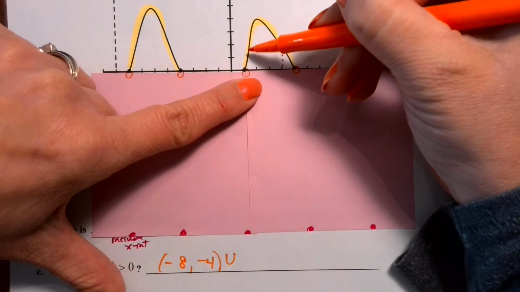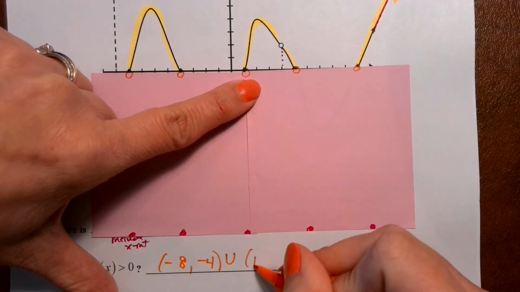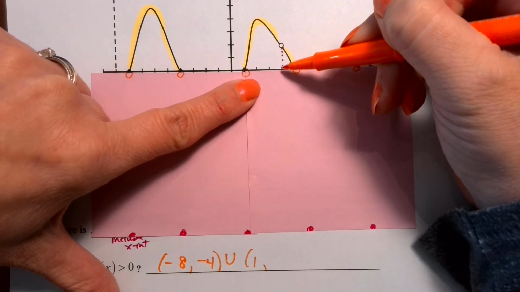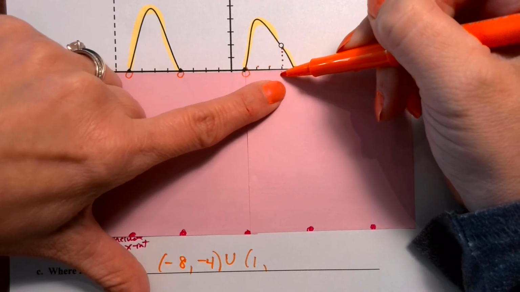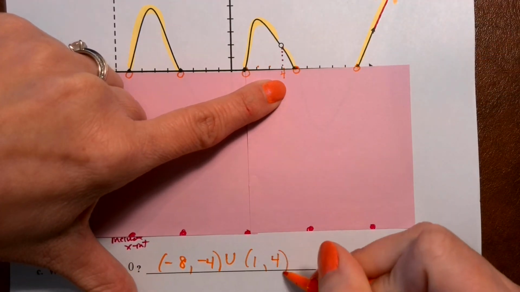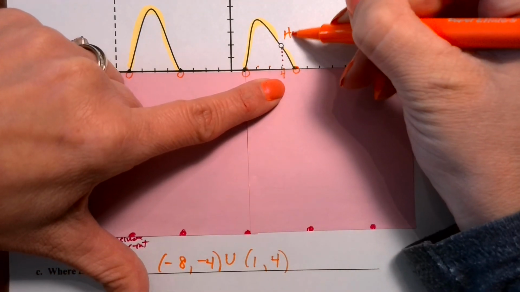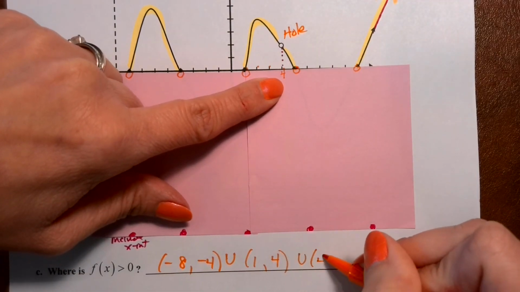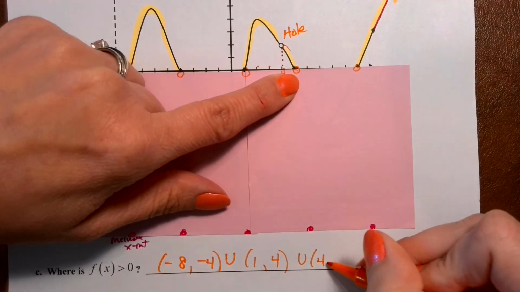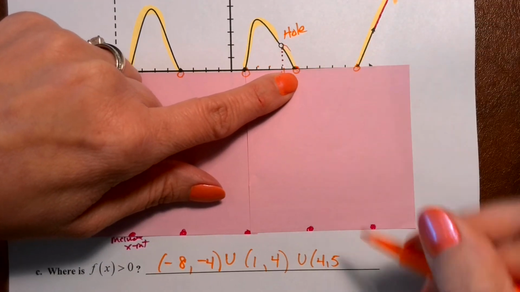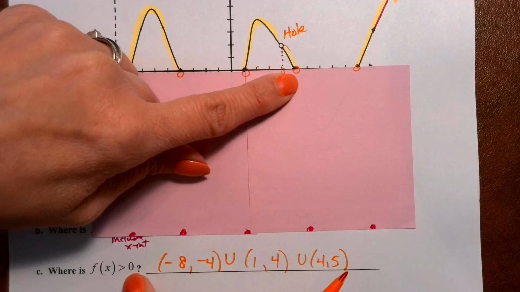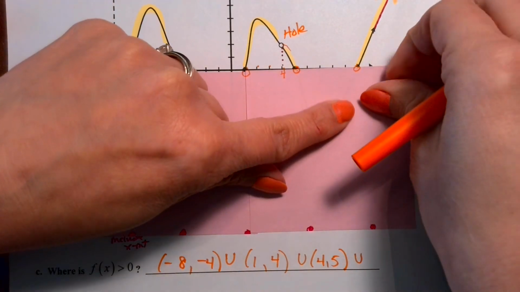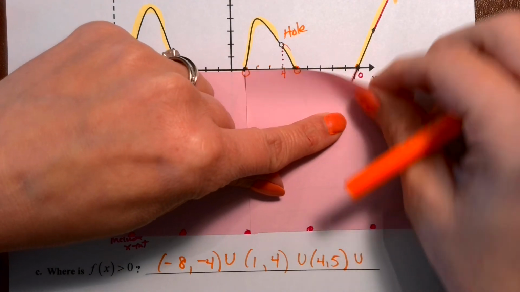This piece goes from parentheses 1 until we get to 4, where there's an open bubble. Whenever we have a hole in the graph, you have to stop and say don't use 4, and then continue on from 4 until we get to 5. Why is 5 a parentheses? Because it says greater.